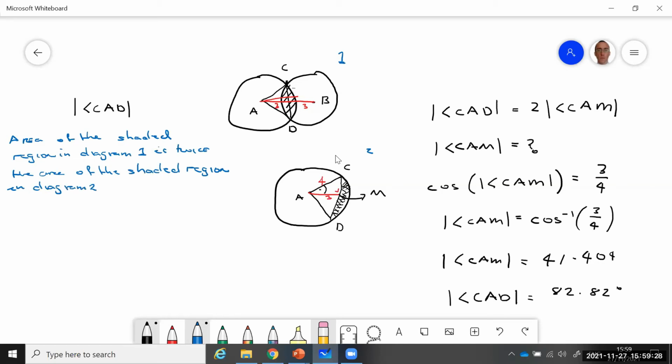Okay, so it's a question of finding out the area of the shaded region in diagram 2.